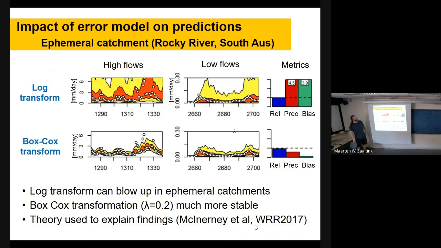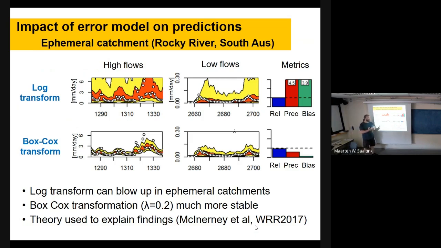But those were perennial catchments, where you always have some flow. In ephemeral catchments, where the flow often goes to zero, the logarithmic transform often runs into problems. You can see these explosions in the width of the limits. And here is where the Box-Cox transformation comes in, because we can pick that transformation strength parameter to be not as strong as the logarithmic, but still have some transformation there.